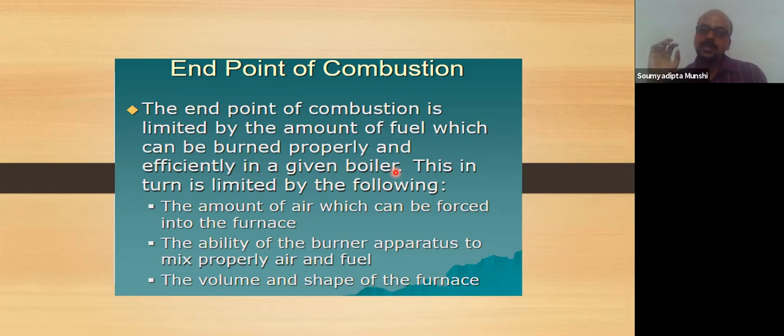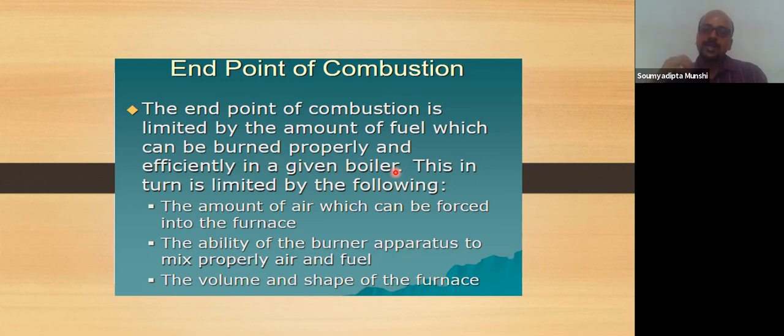That means there is a limit to the maximum amount of fuel we can use inside the combustion chamber. When we use that amount of fuel inside the combustion chamber, that is the end point of combustion, where the efficiency of the boiler is high.